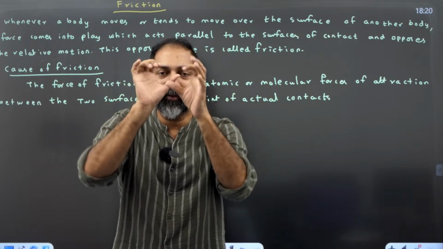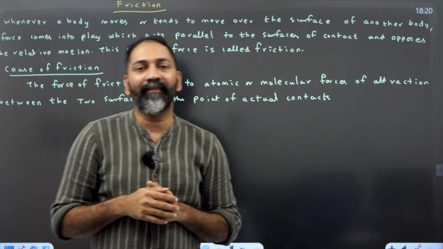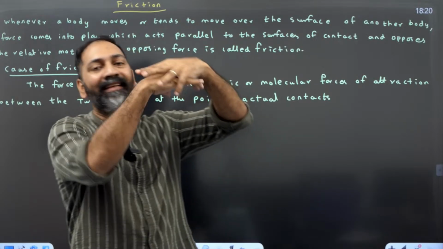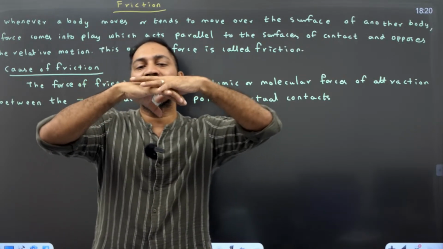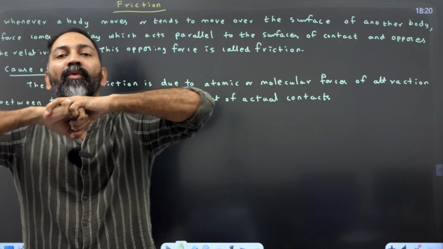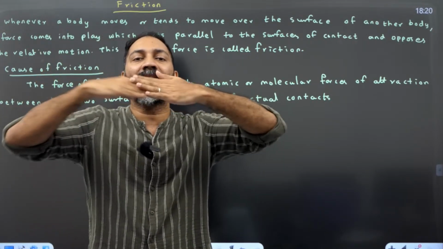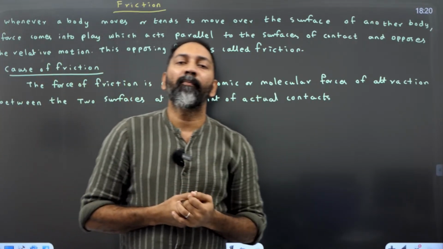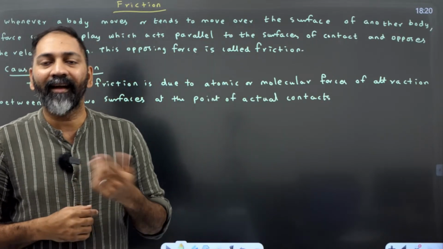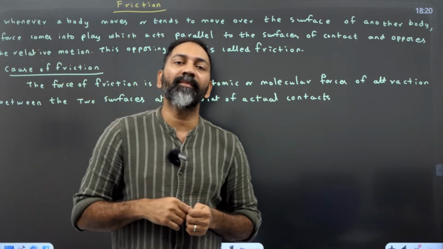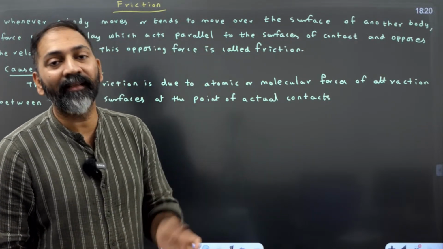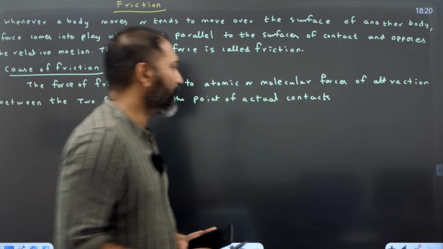But if you zoom in to the micro level, you can see surface irregularities. Due to surface irregularities, there will be an attraction of atoms or molecules. This attraction prevents or opposes the motion. This attraction between molecules which opposes the motion is called friction. The smoother the surface, the lesser the friction.